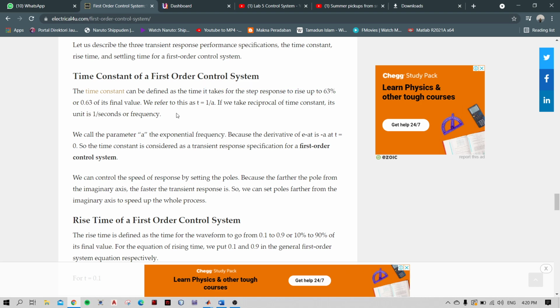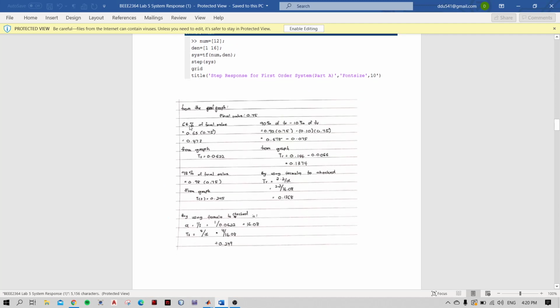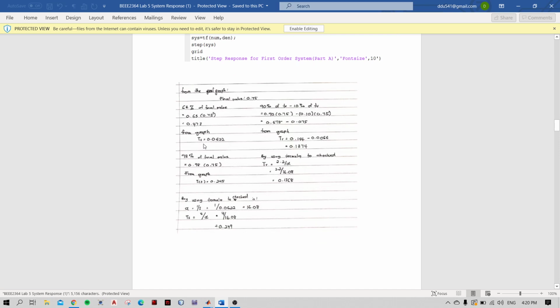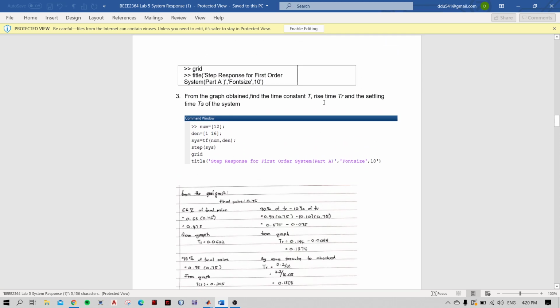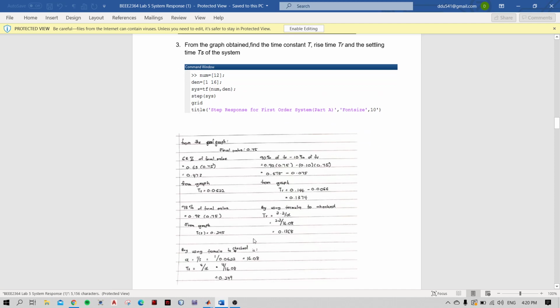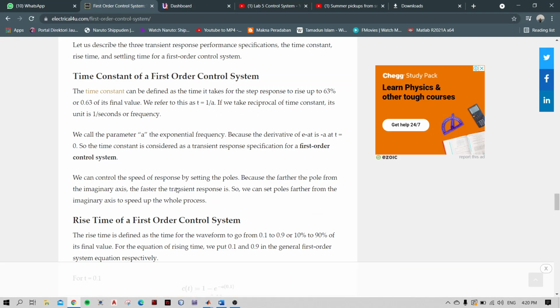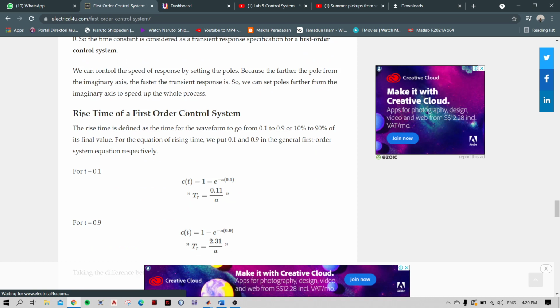So as you can see in the calculation, we use 63% of the final value. This is the final value, that is 0.05, and we multiply with the percentage, and then we get the time constant.